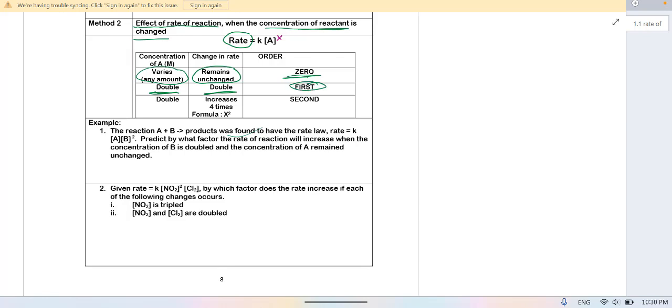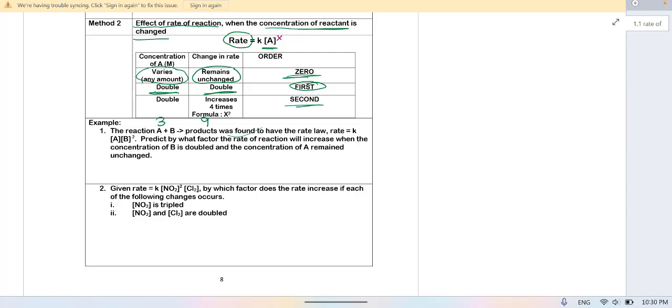Okay. Last one, katakanlah kita increasekan concentration A double by factor of 2, tapi rate increase by factor of 4. Kalau kita increase concentration A by factor of 3, rate increase by factor of 9. 9 kali ganda meningkat.